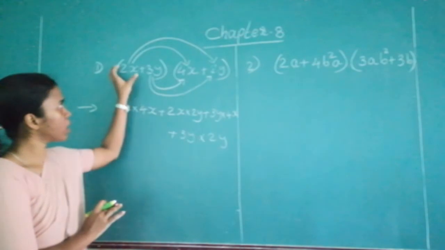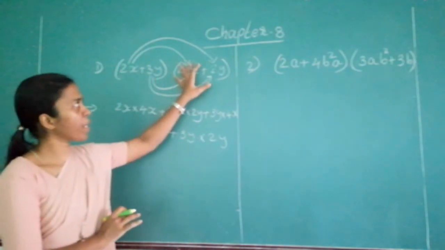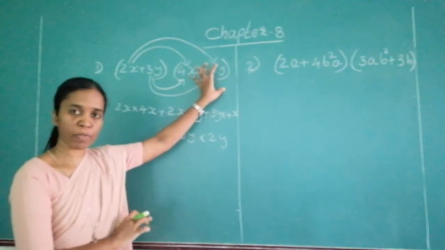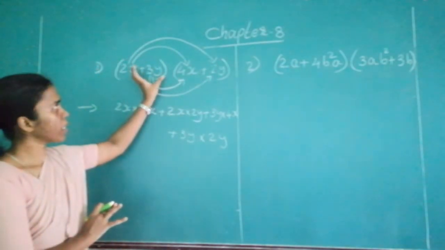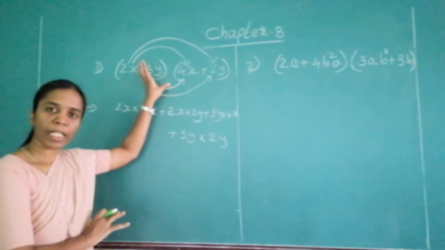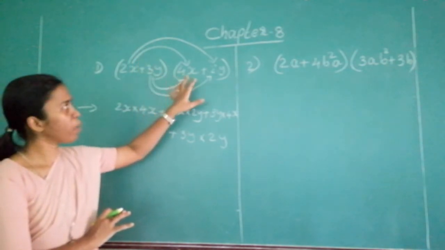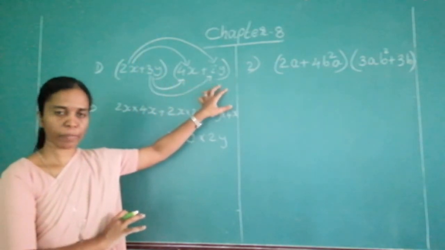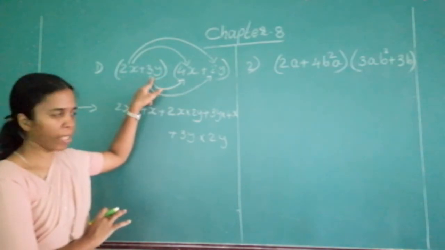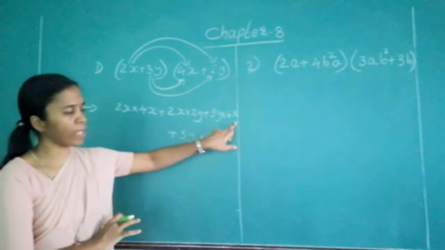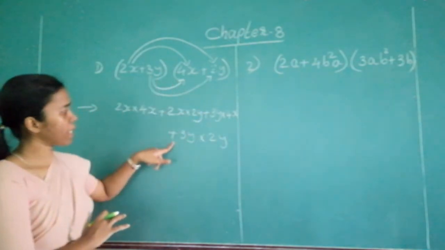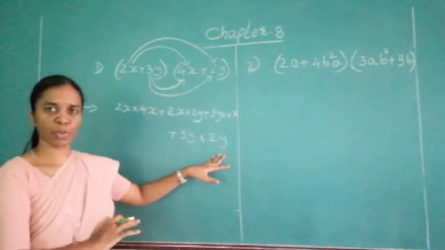Now, with the first term, we have multiplied both the terms of the second binomial. So, the first term's work is over. Now, you consider the second term. With the second term also, we have to multiply both the terms of the binomial. So, second term 3y, first with the first term, that is 4x. So, 3y into 4x plus 3y into 2y.